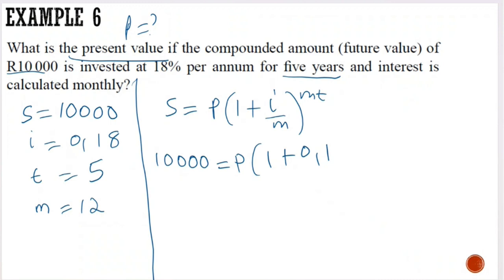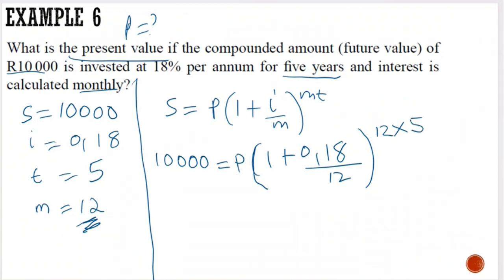It is 0,18. What is your m? We have said our m is equal to 12 because it's compounding monthly) to the power of m times t, which is 12 multiplied by 5.